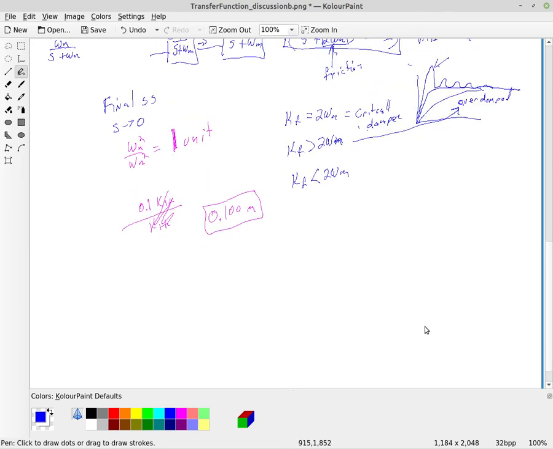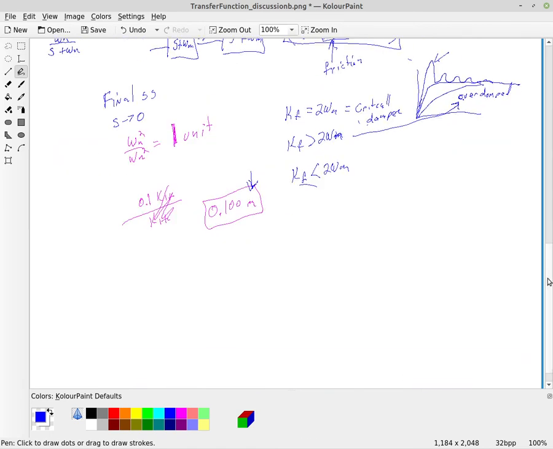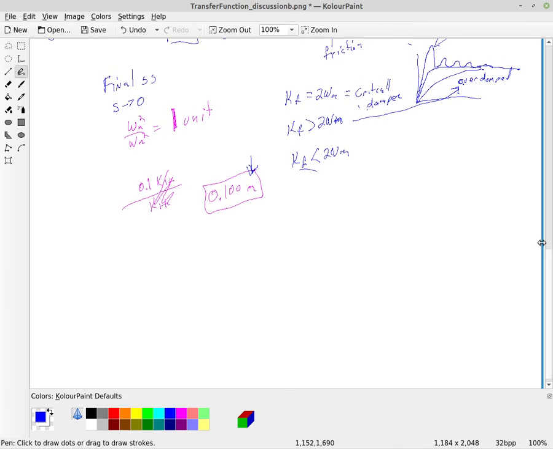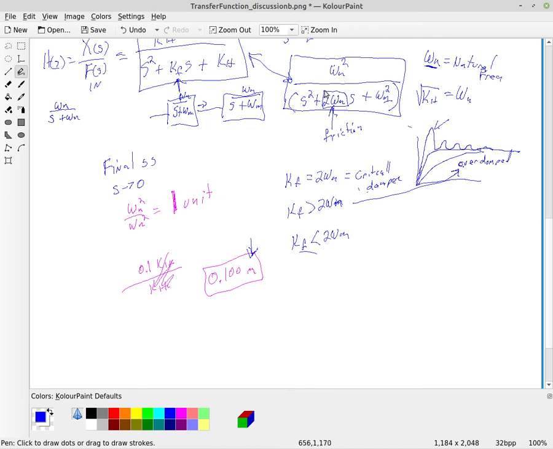We can tell whether the system is going to bounce around or if it's going to be some kind of slow overdamped response. We can tell how far, what the final distance or the final output is going to be. Okay, all that can be told from the transfer function. Okay, and we can also just tell whether the system is going to be stable. All right, and so we'll talk about that next week when we do a root locus.